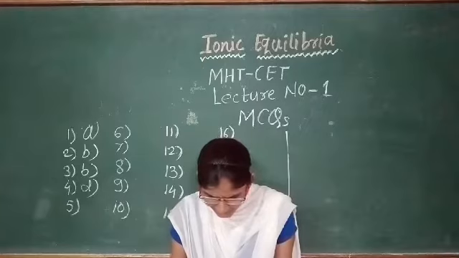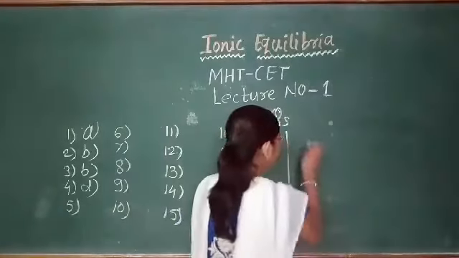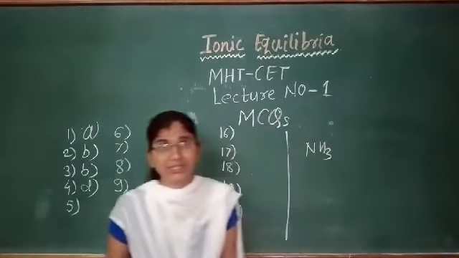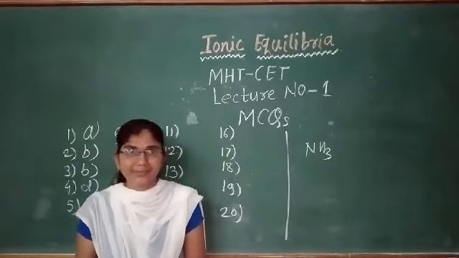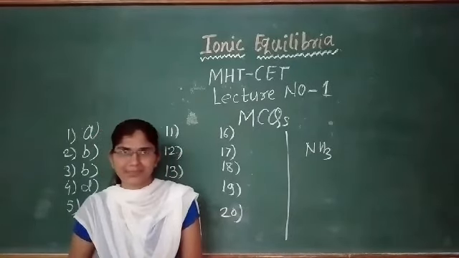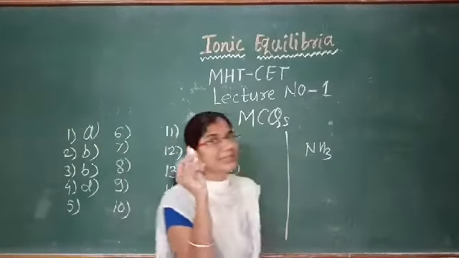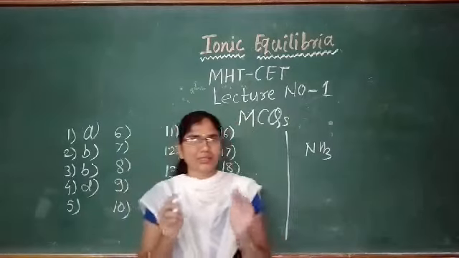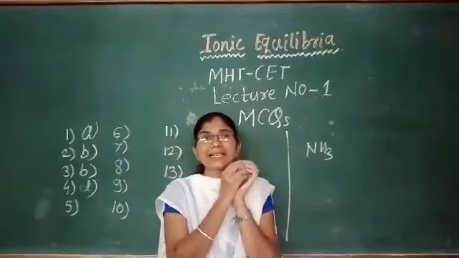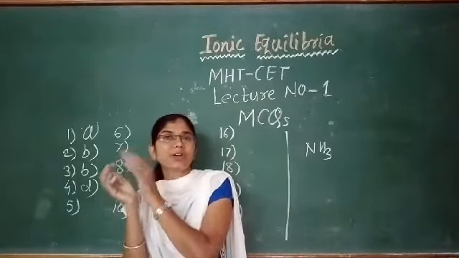The conjugate acid of NH3 is. If NH3 is a base, then what is the conjugate acid of this base? As we saw in the conjugate acid-base pair in the revision lecture, HCl and Cl minus: if HCl is an acid, then Cl minus is its conjugate base.